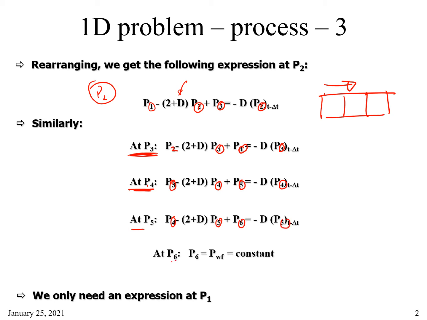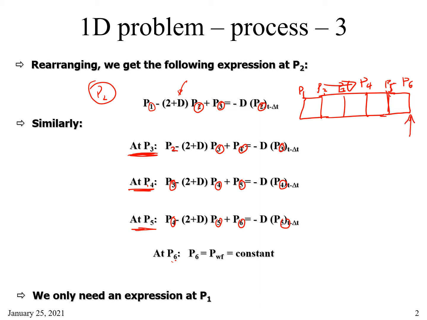Do we just move 1 point? If we move P6 1 point, you're going to end up having P7, but there are only 6 pressures in the domain because P6 was the last one. So this is P6. 5, 4, 3, 2, and P1 here. So there's no P7, so we can't just continue incrementing 1.